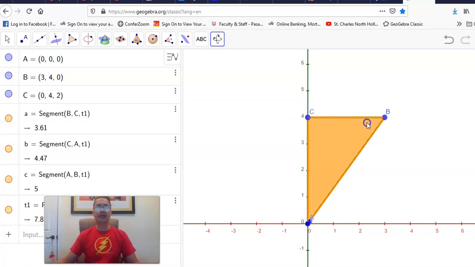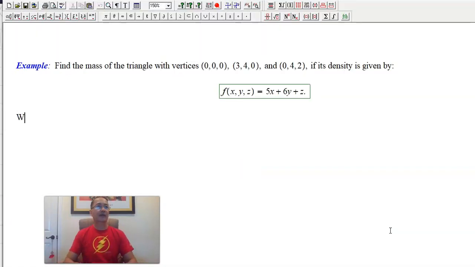So we can write this as a type 1 or a type 2 region. I think type 2 is going to be easier, because all we need to do is find the equation of this line. We'll go from 0 to that line. So let's do it that way.